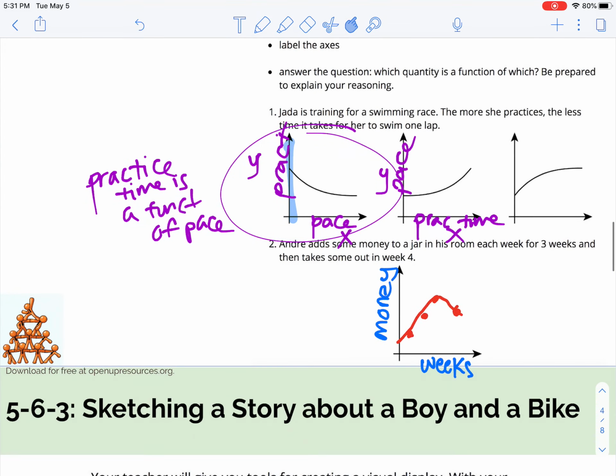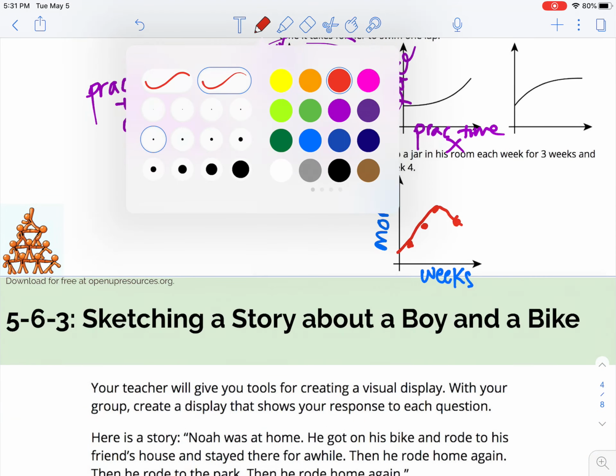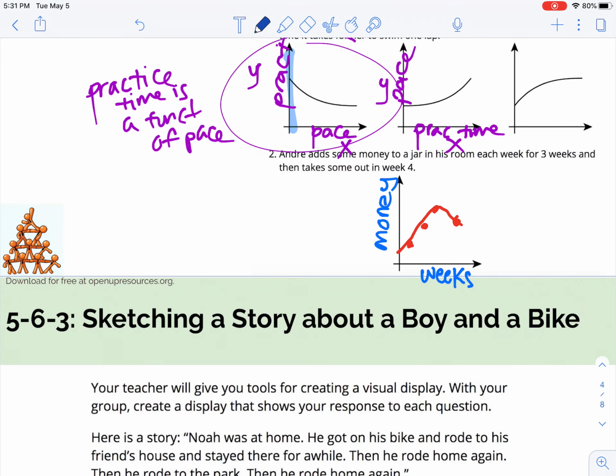Okay, which quantity is a function of which? So if we were to write this in our sentence about saying it as a function, just like we said practice time is a function of pace, we'd want to say that the dependent variable is a function of the independent variable. Remember, this is dependent, this is independent.